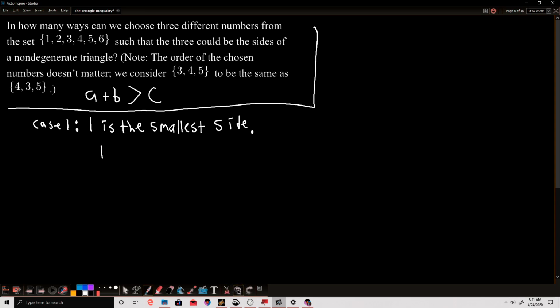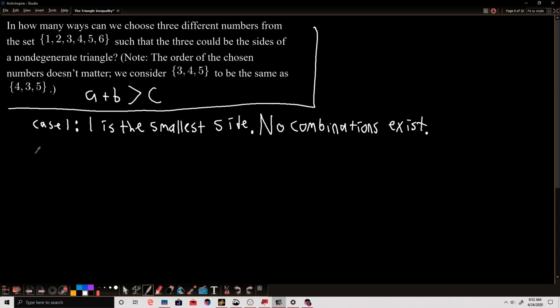So if 1 is the small side, no combinations exist, since no matter what your second side is, it's always going to be either equal to or less than the third side.